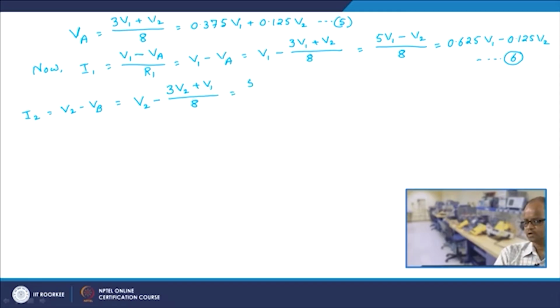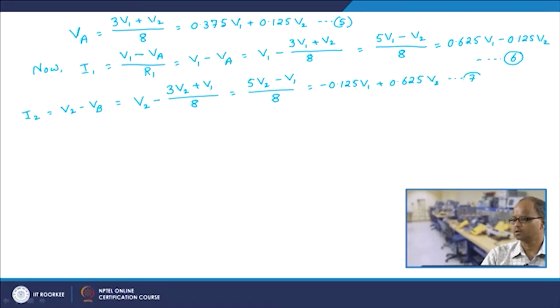So it is (5 V2 minus V1) by 8. So it is minus 0.125 V1 plus 0.625 V2. So, we have got all the expressions of these measurement values.